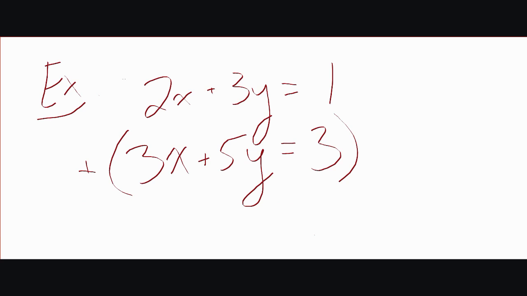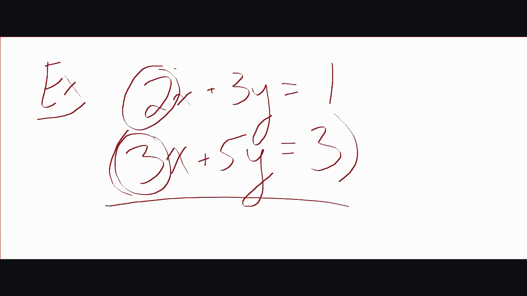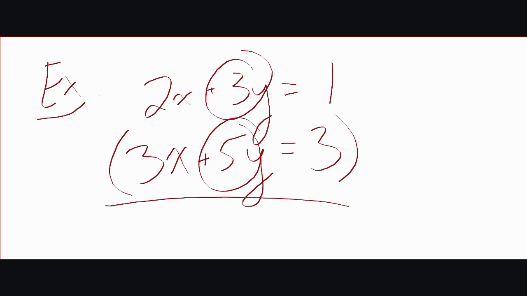But here, if I multiply just the second equation, is there any way I can, for example, turn a 3 into a negative 2 so it cancels out with the 2 in the first equation? No, I can't multiply a 3 by anything to make it a negative 2. Similarly, can I multiply a 5 by anything to make it a negative 3 so it cancels out with the positive 3 in the first equation? I can't do that either.